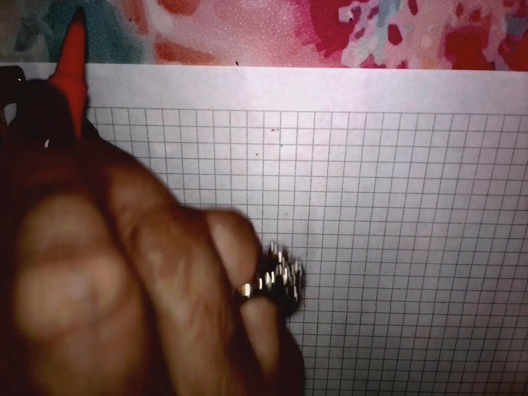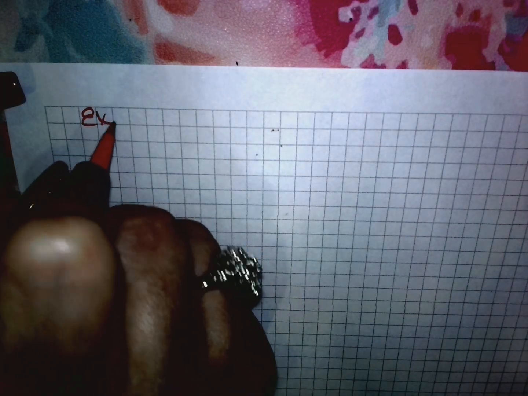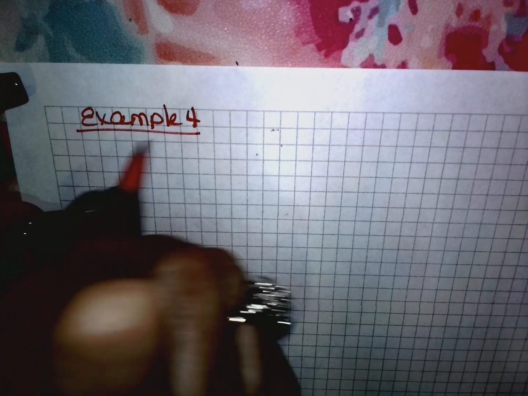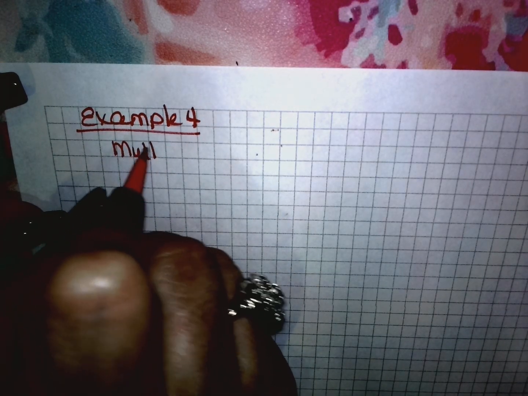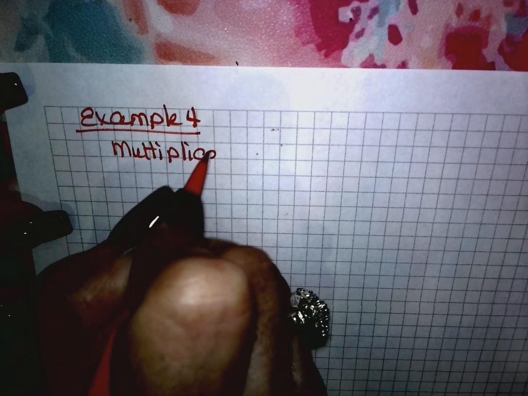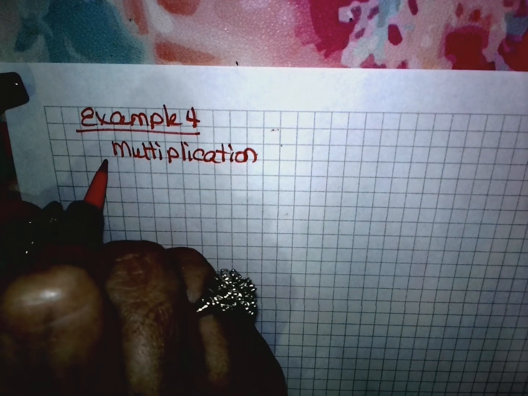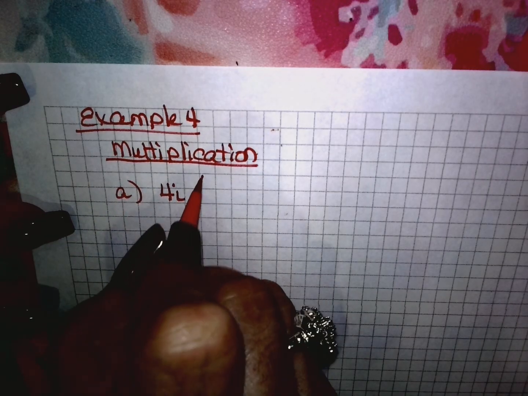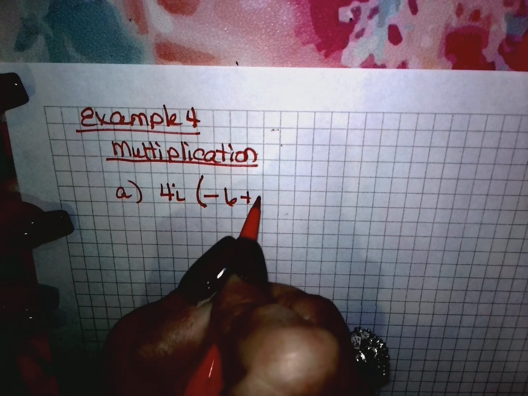So, example 4. Multiplying. Let's say we have 4i times negative 6 plus i.